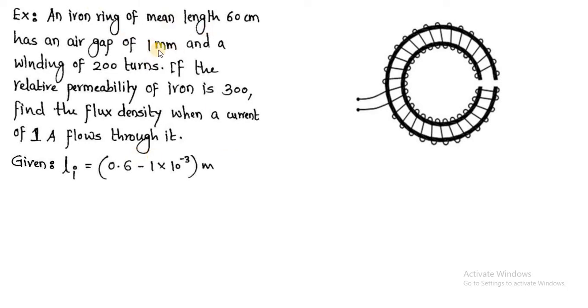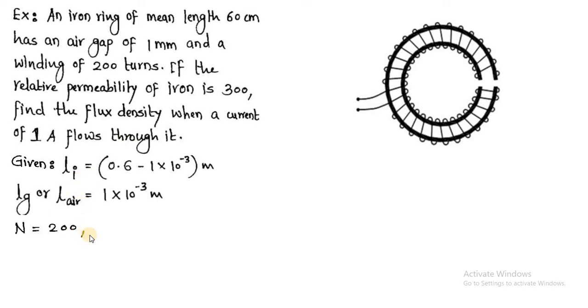Why 1 into 10 raised to minus 3? Because it is given in mm. So 1 mm will be equal to 1 into 10 raised to minus 3 meter. So we have to subtract the air gap length from the total length of iron ring to get the net iron length. So Li will be equal to 0.6 minus 1 into 10 raised to minus 3 meter.